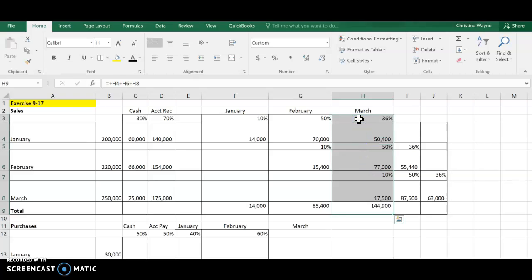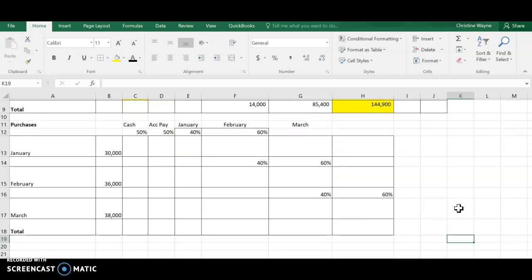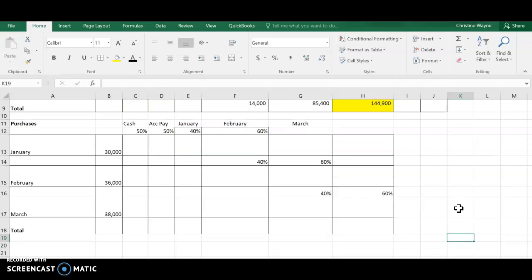For that reason, I'm going to look at everything I collected here from my credit sales, plus how much cash did I collect in March. So all of that would be included so I can see how much money I can expect to receive during March.